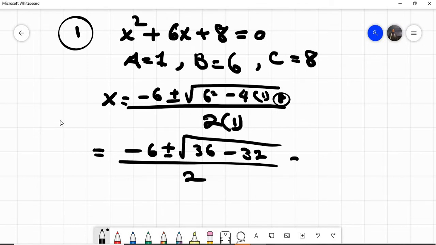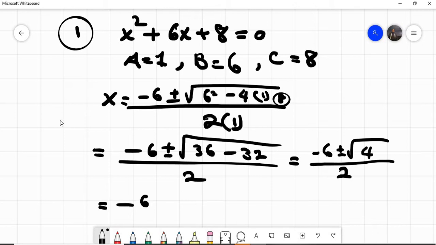And then this equals, we can continue on the side, minus 6 plus or minus, and then 36 minus 32 is going to be 4, divided by 2. Then the square root of 4 is going to be 2, and then we're going to have minus 6 plus or minus 2, whole thing divided by 2.